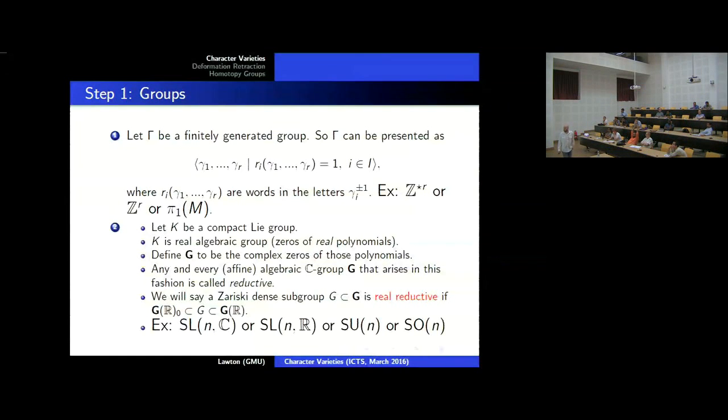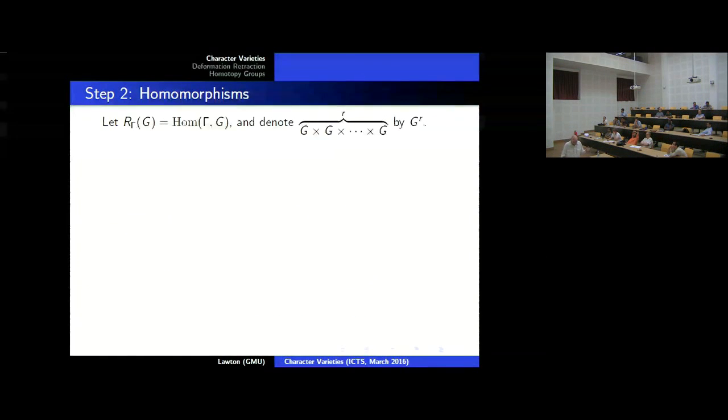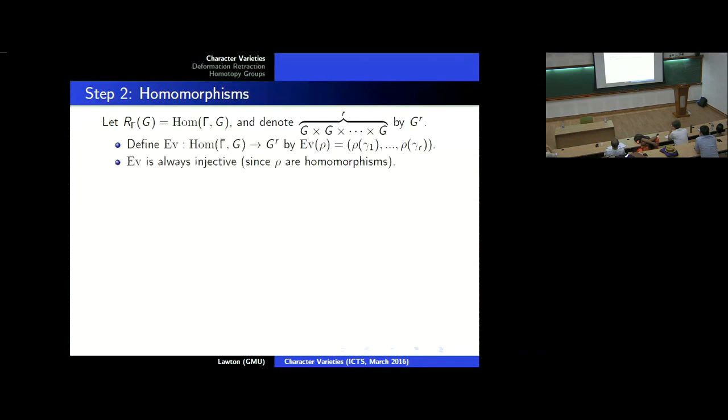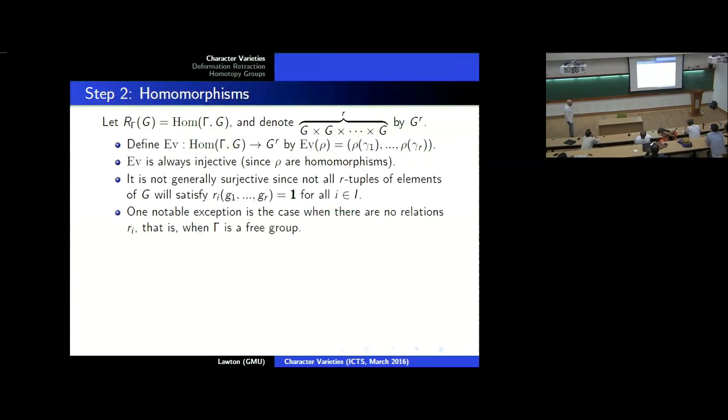With these two ingredients, we set up the Hom space. We look at group homomorphisms, and the evaluation map defines an embedding into the r-fold product of G. It's generally not surjective, but if you have a free group, it is.